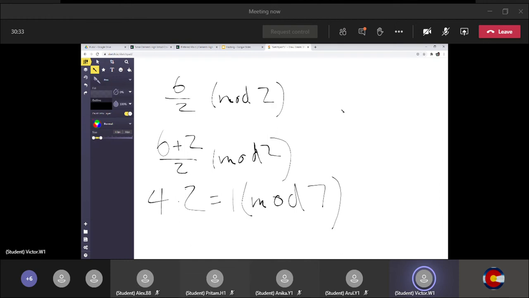There's a theorem that says that if we're trying to find the modular inverse of a in mod m, you can basically find it by doing a to the power of the mod minus 2.